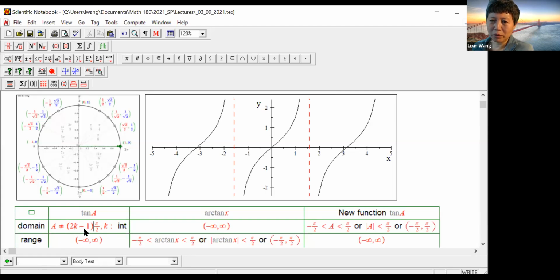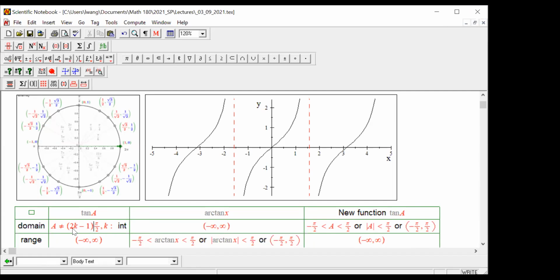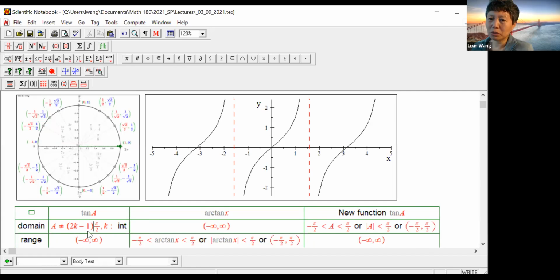I did this on purpose. 2k plus 1, 2k minus 1, it doesn't matter which one you use. They all produce odd numbers. But anyway, so you can see the inverse functions to each other. One's domain is the other's range.